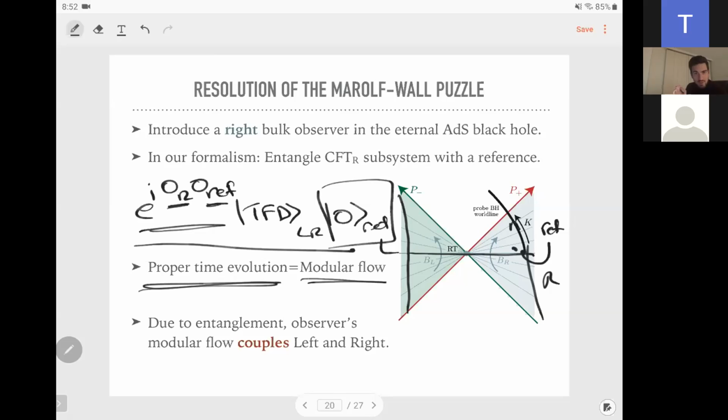The crucial observation here, and the thing that we found quite interesting, is that because of the pre-existing entanglement of the thermofield double, the observer's modular flow couples left and right.